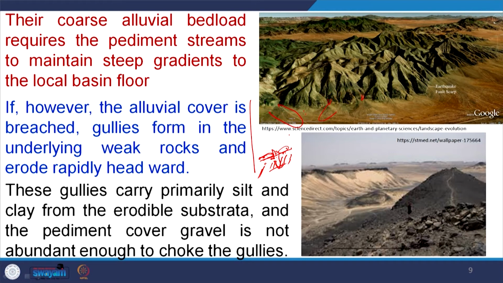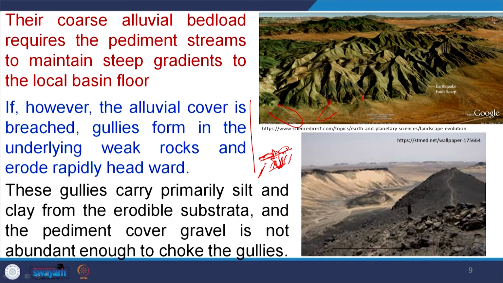These gullies carry primarily silt and clay from the erodible substrate, and the pediment cover gravel is not abundant enough to choke the gullies. So, in the evolved situation, these rivers that were earlier transporting boulders are now transporting small particles like clay and silt through their river bed.